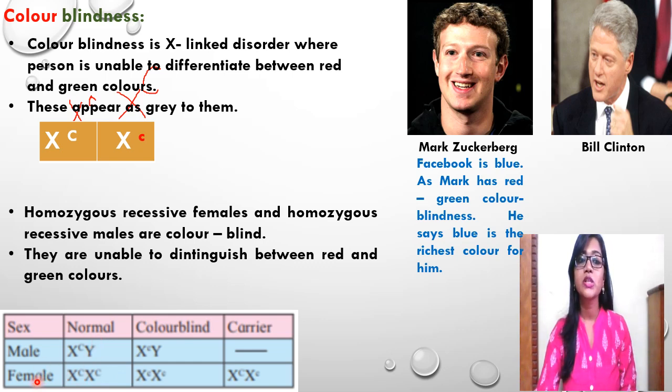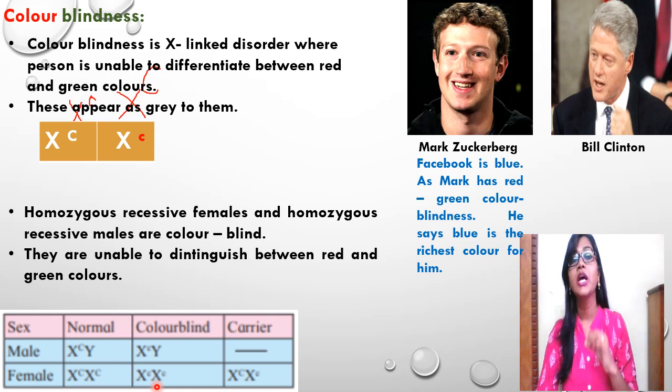Why is it so? Because females carry two X chromosomes, so there is a chance of the dominant gene being present on the other X chromosome. Only if both X chromosomes have recessive genes will that female be colorblind.